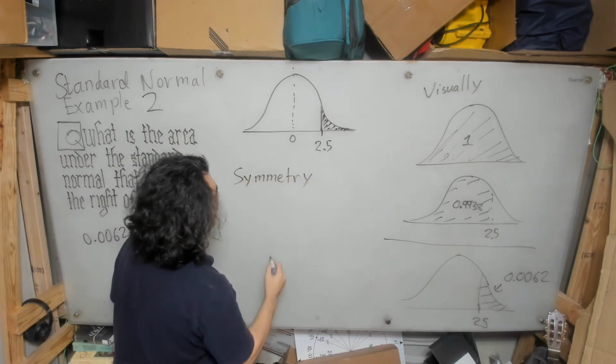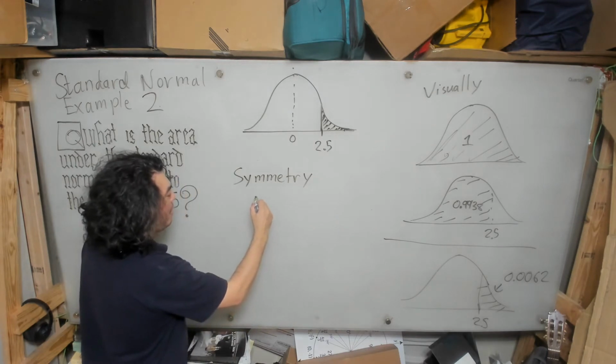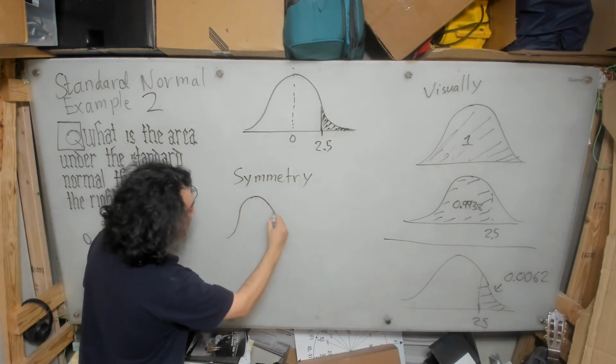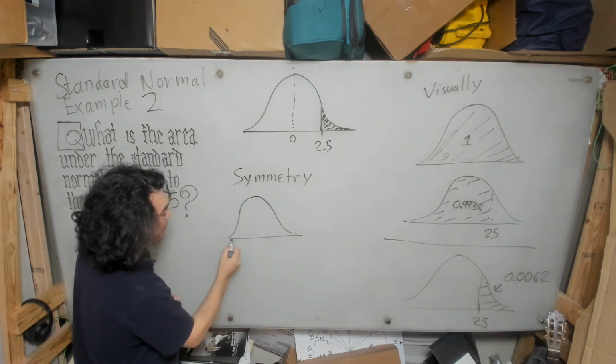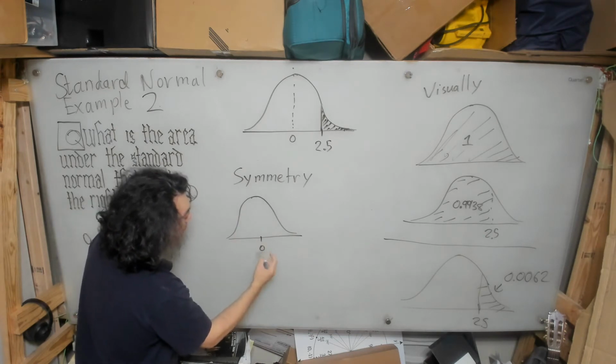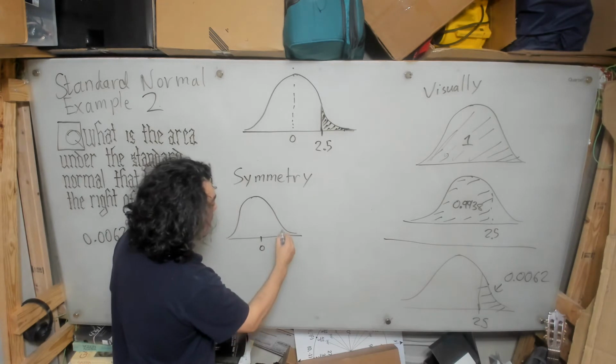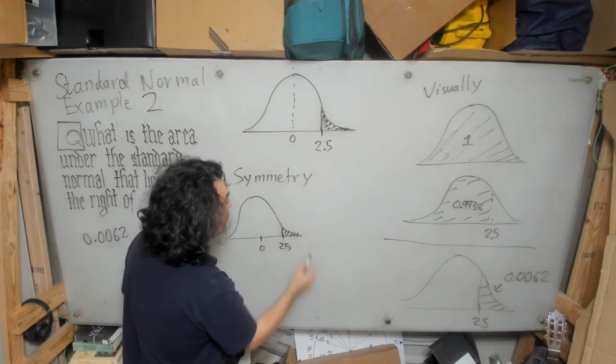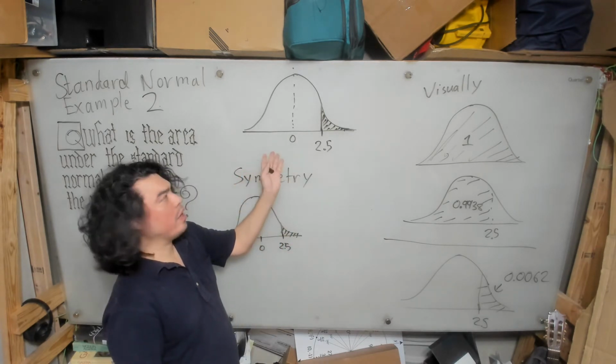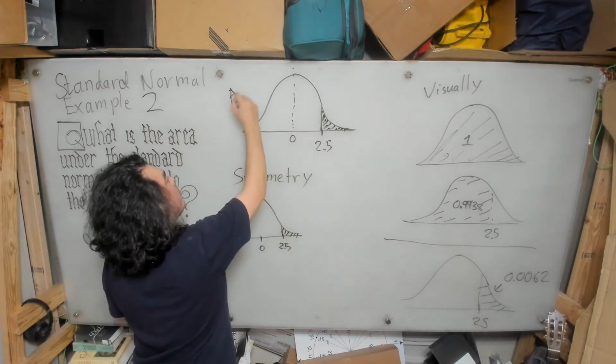In other words, one of the symmetry properties we saw earlier, when we were discussing the symmetry of the normal distribution, is this. In this case, the mean is 0, and I'm going to the right 2.5. What I really want is this area. Obviously, that's the picture of the area we want.